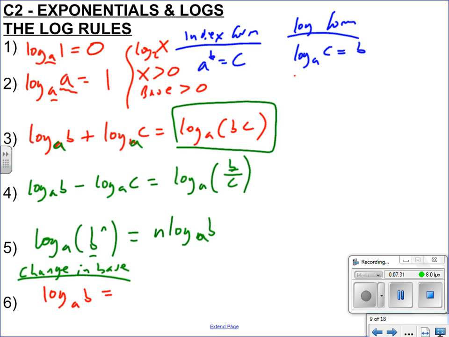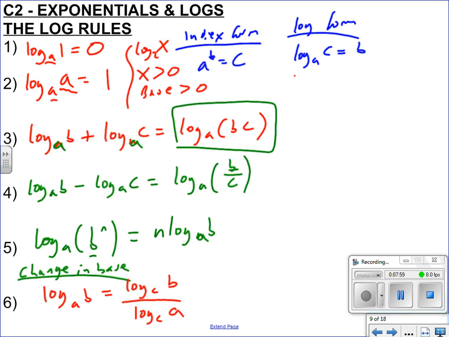So if we start off with log base a of b, and I want to change it to log base c, my rule is log c of the old result over log c of the old base. Okay, so log c b over log c a. Really important that you know these formulas. So log new base of old result over log new base of old base.